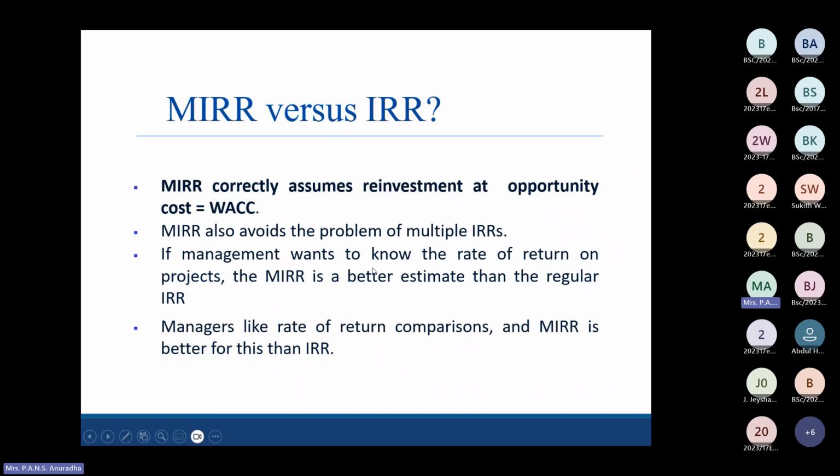If management wants to know the rate of return on projects, MIRR is a better estimate than the regular IRR. Managers like rate of return comparisons, and MIRR is better for this than the IRR. So that is the conclusion: MIRR is better than the IRR.